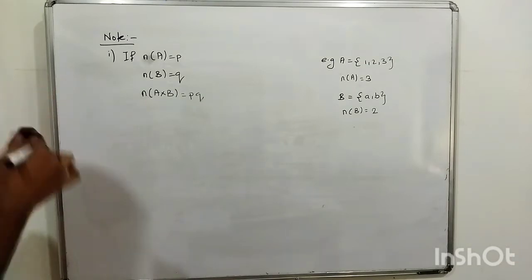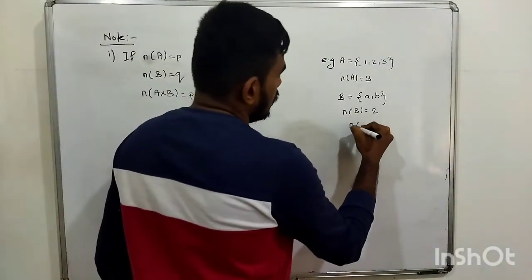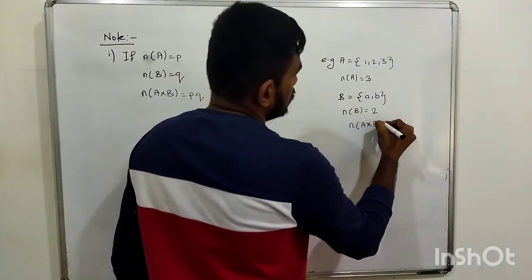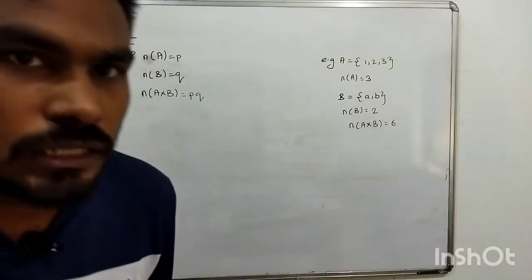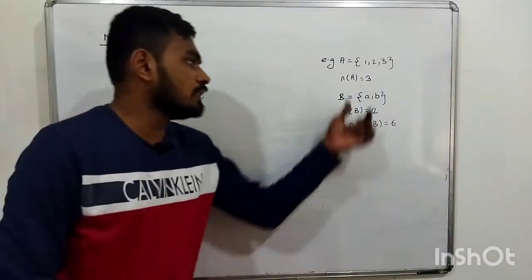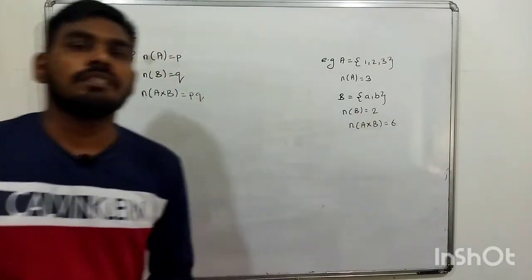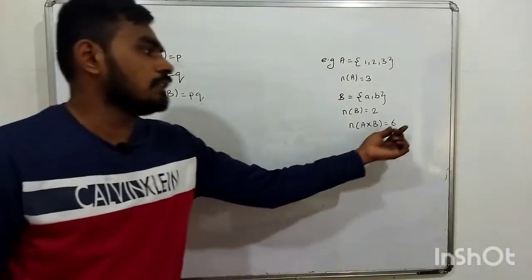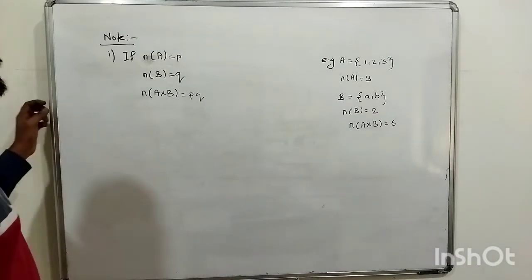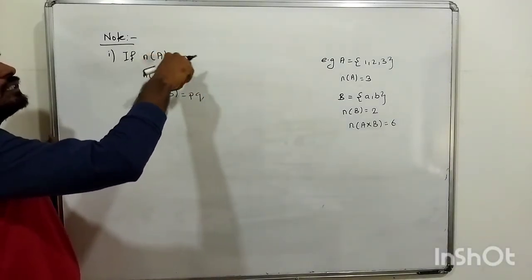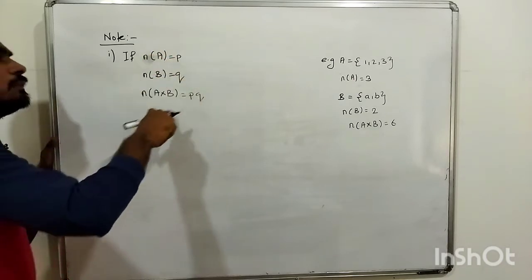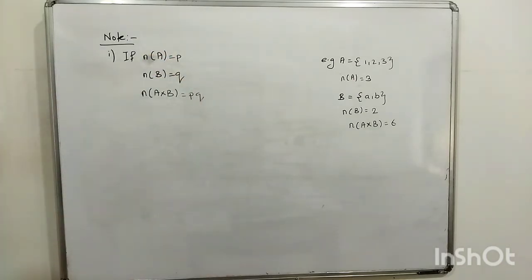So the number of elements of A cross B is 3 into 2, 6. You can check in the previous example. One example like this we did. Check the number of elements there. Look, 6 elements in that. So just remember, for example if this has 7 elements and this has 9 elements, then the number of elements of A cross B will be 63, 9 into 7.